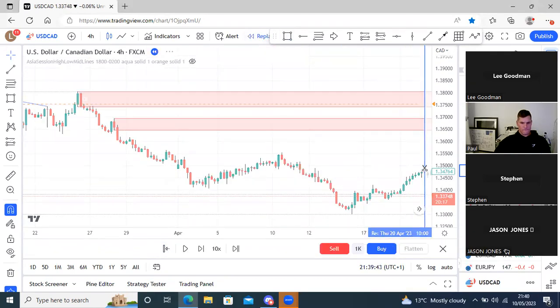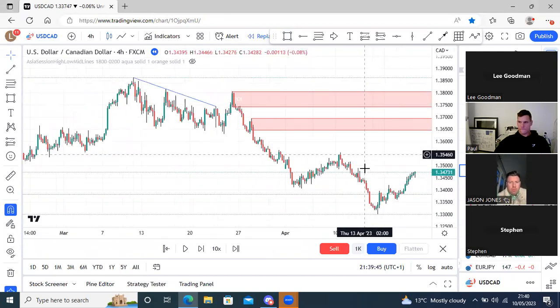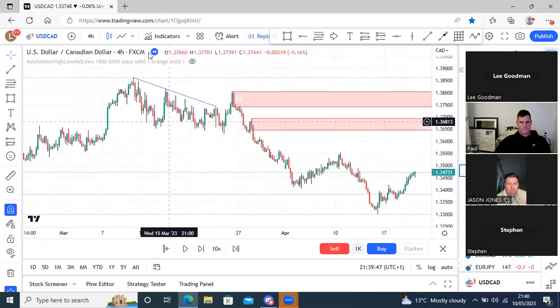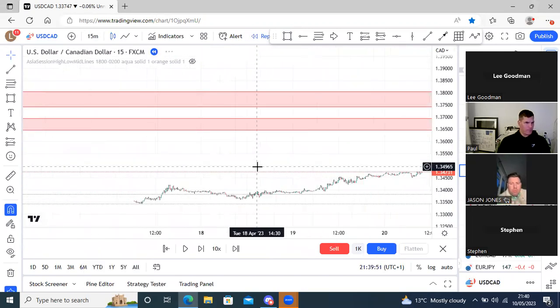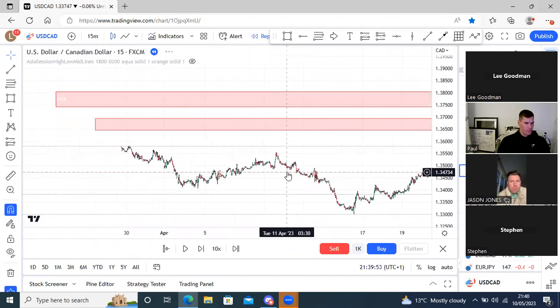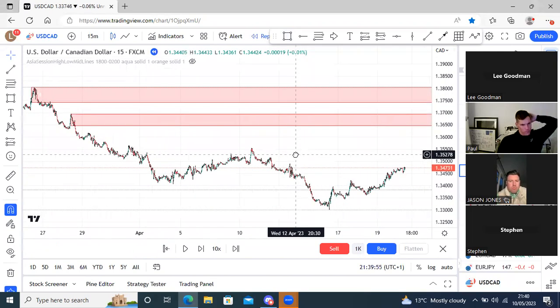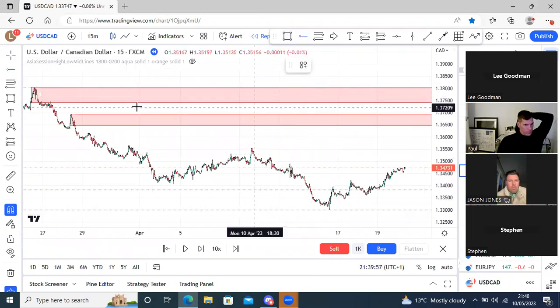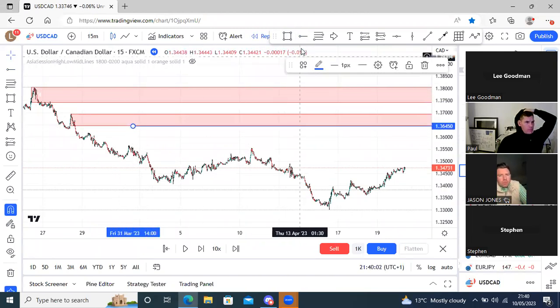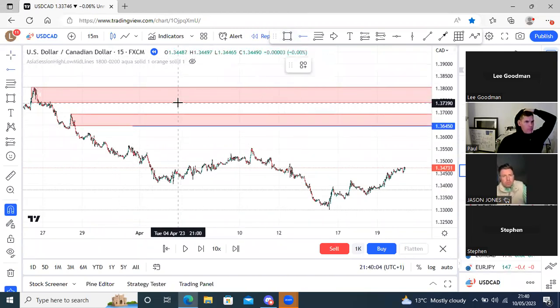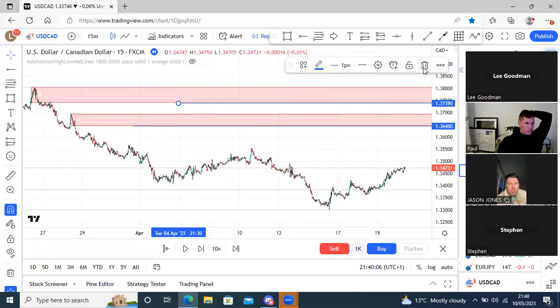What I'll do is bar replay it and go through this as I would if it was a live trade. And like I say, if anyone's got any questions, ask me and I'll answer any questions that I can. Once this has happened, I've just set an alert at the bottom of this box. Set another one there in case it broke as well.